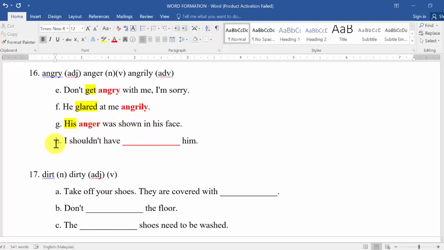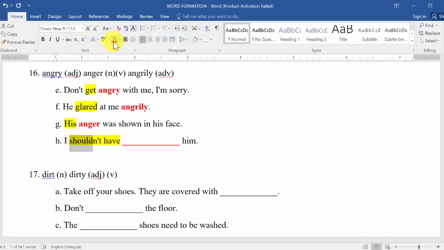Next one, H. I shouldn't have what him? Highlight shouldn't have. When you see should, after should it should be a verb. I should do my homework every day. I should wake up early every day.